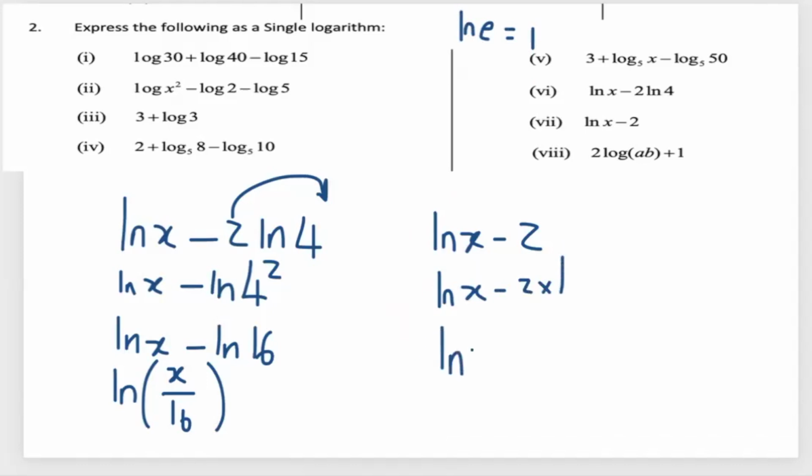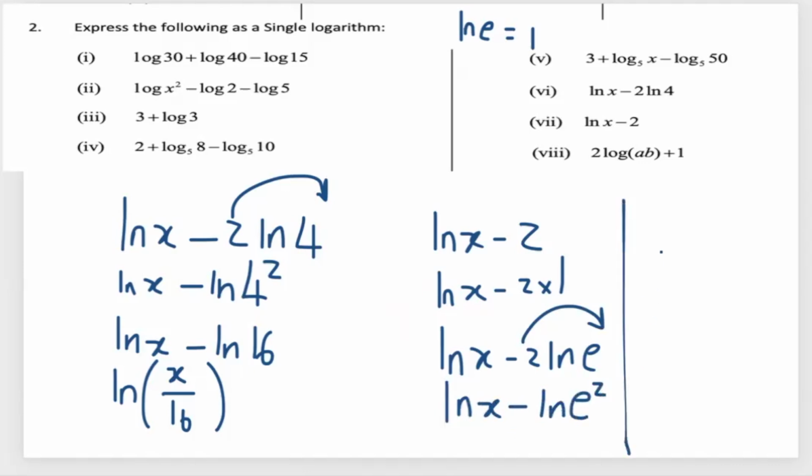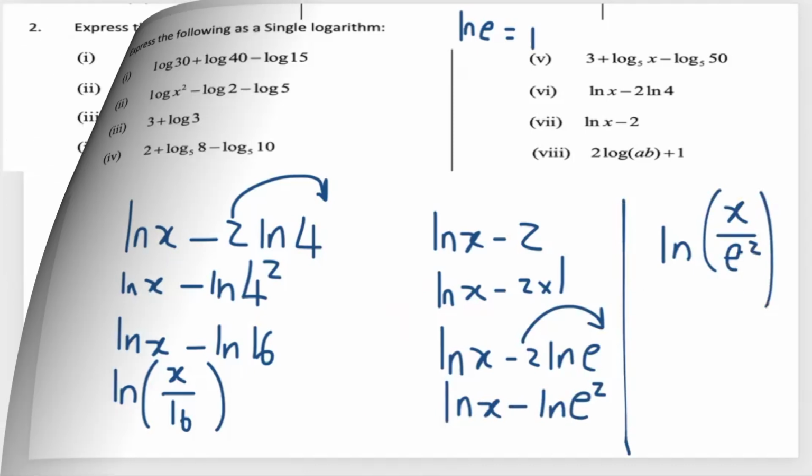So I have ln x minus 2 ln e, and then we carry the 2 upwards. So I have ln x minus ln e squared. So the rule says when you subtract, you divide. So you write the ln once, then you have x in the numerator and e squared in the denominator.